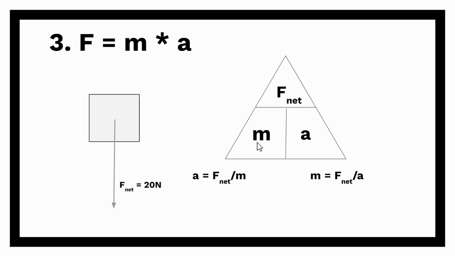If I'm looking for mass, I cover this up, and what I have left is force over acceleration, which is what we have here. And same thing, cover up acceleration, and now we have force over mass. Okay, so that's an easy way to remember what to do, and this is just the same equation. You just move it around, right?